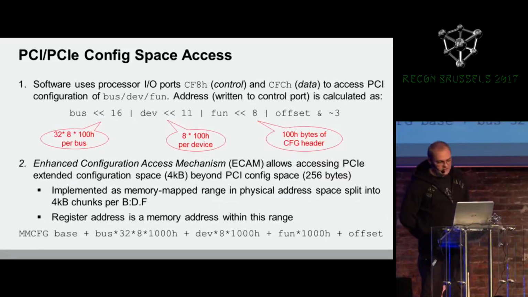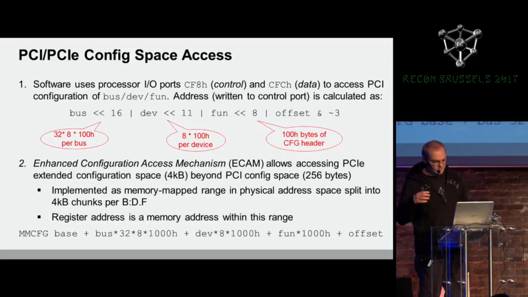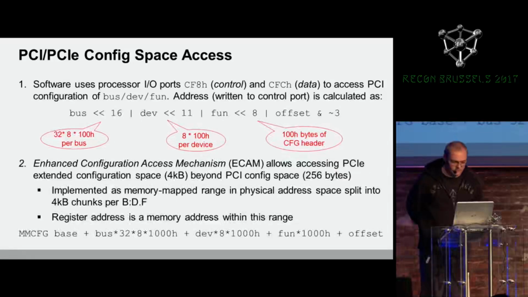To access the extended configuration space, we need to use the enhanced configuration access mechanism, which is implemented as memory map. It is basically memory split into 4 kilobytes per each bus, device, function, and through that memory we can access the extended configuration space of the device and read registers from there.